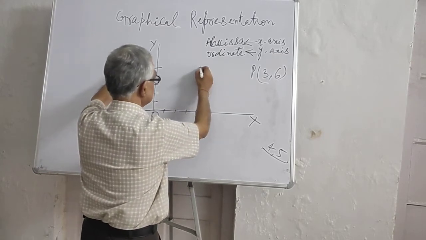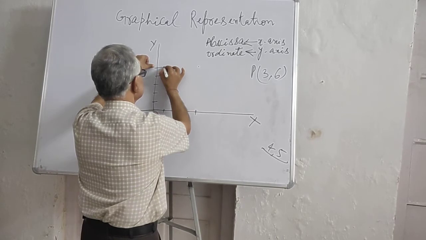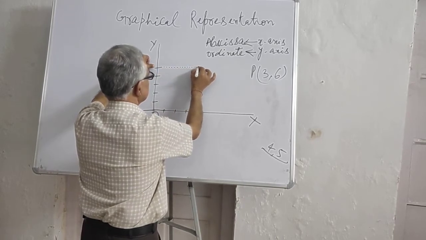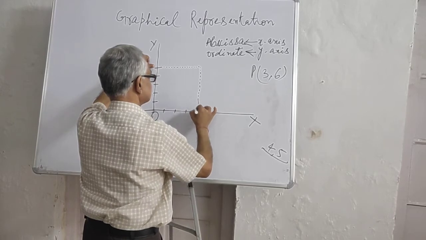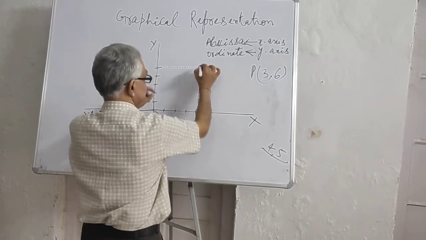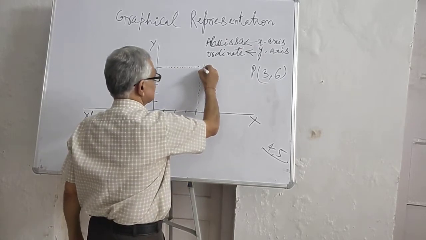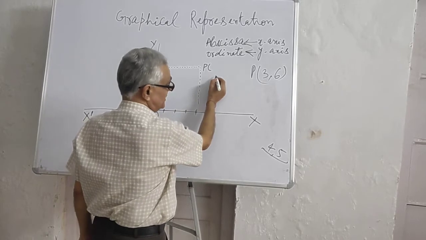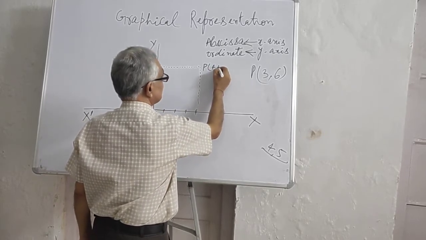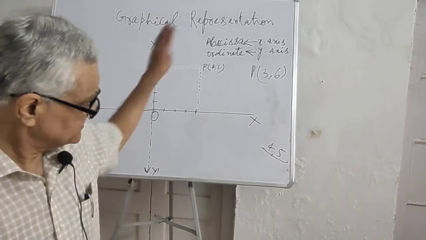So the point, if you extend the line along x and y axis, 4 के सामने और यहाँ 5 के सामने. So this is the location of a point, that is 4 5.